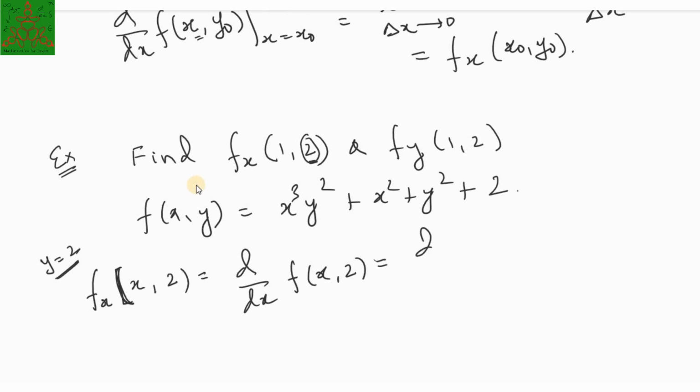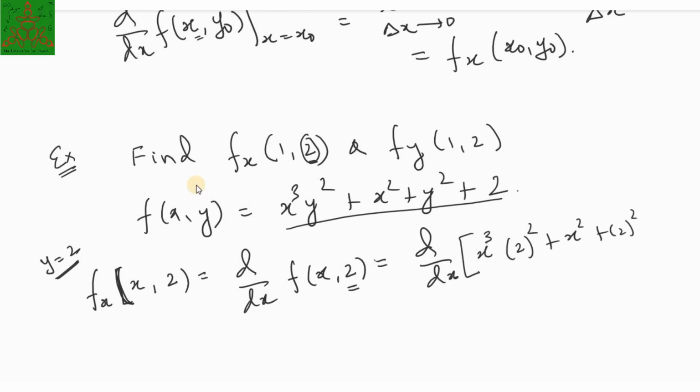Now you know that d by dx of, if you fix y equal to 2 and substitute the value of y here, you will have x cube into 2 square plus x square plus 2 square plus 2. If you simplify, this will be 4x cube plus x square plus 4 plus 2, which is 6.